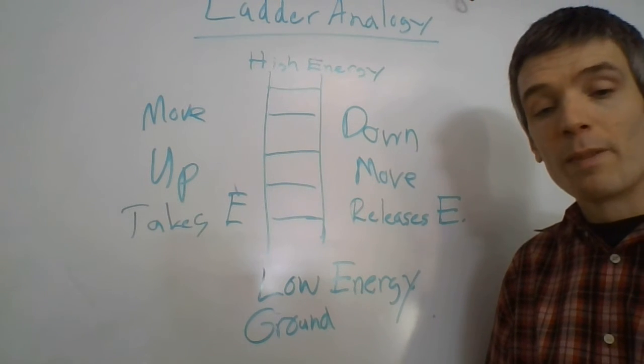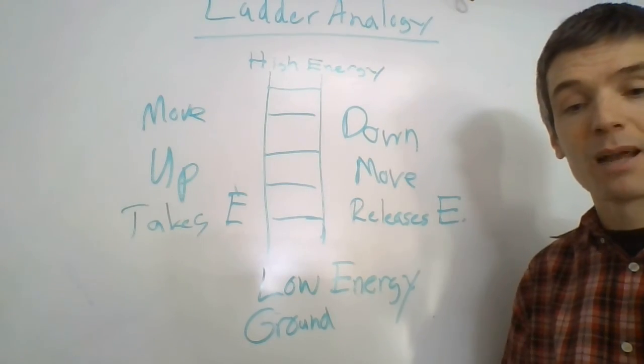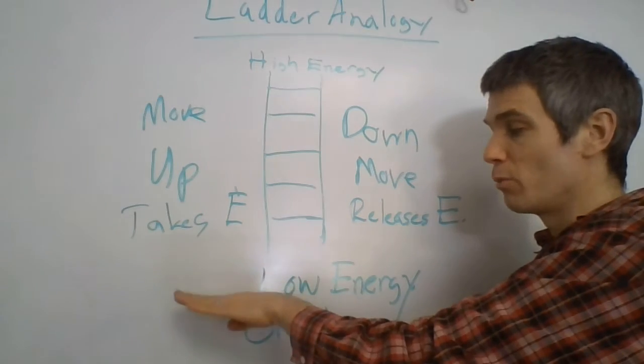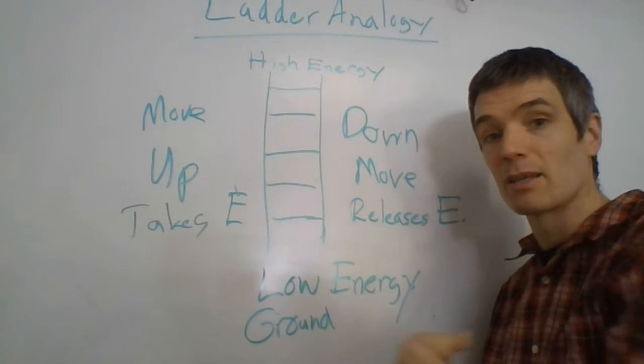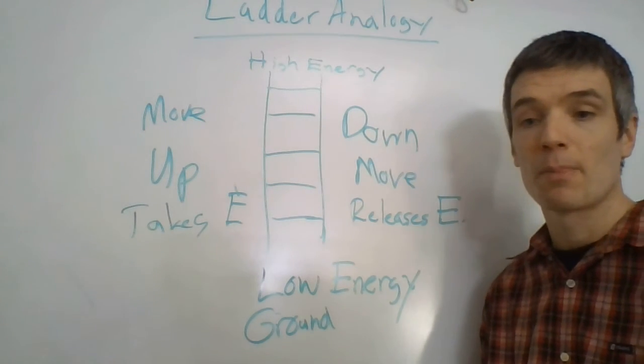And when they go back, they're going to release that energy. You could liken it to jumping off the top of a ladder: when you jump from higher up and come back to the ground, you impart more energy on the ground itself.